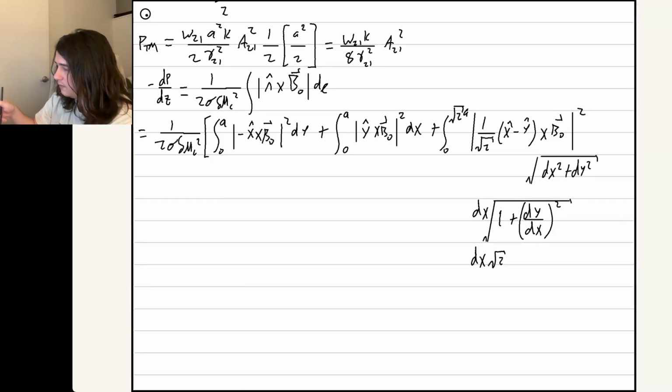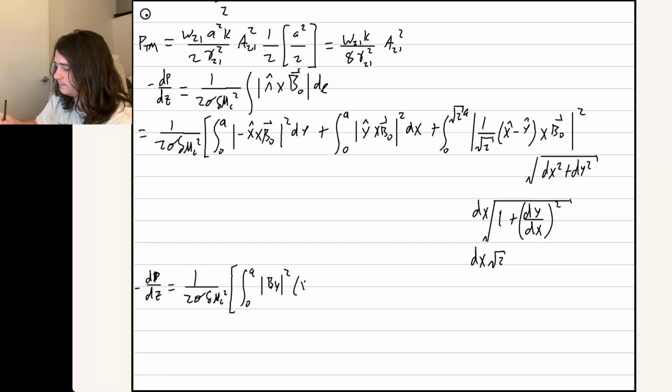So what our power is looking like now, dP/dz, is actually 1 over 2 sigma delta mu c squared, integral from 0 to a. You have just the modulus squared of By with x set equal to 0, integrating over dy.